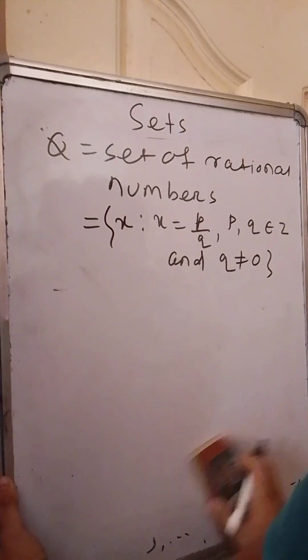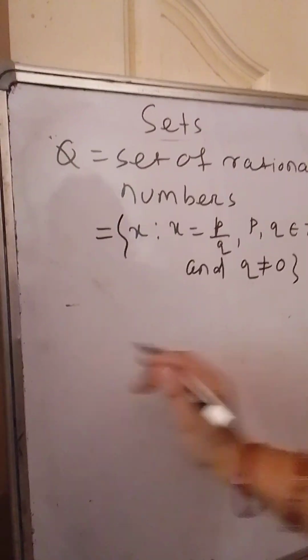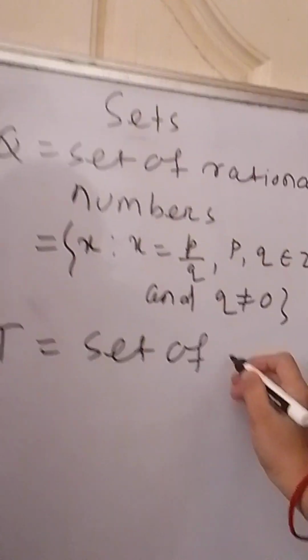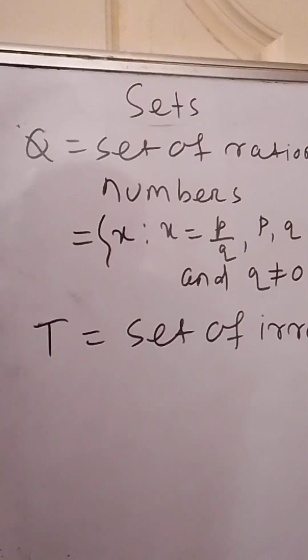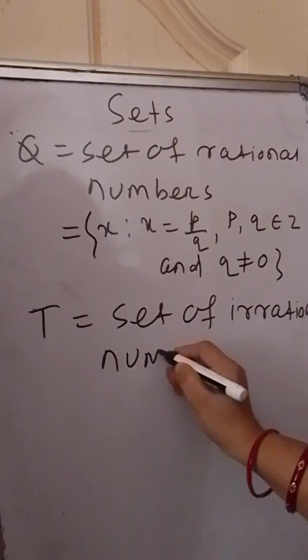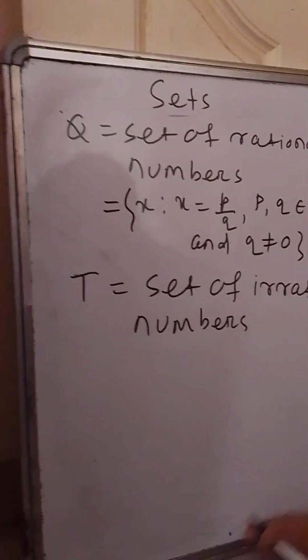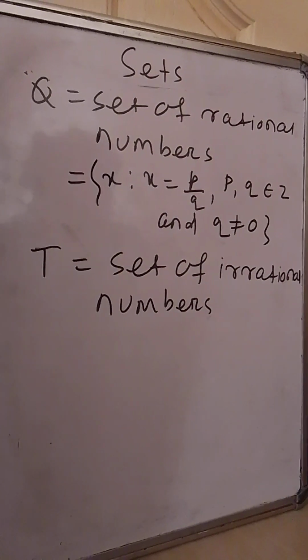After this, R is the set of real numbers, as you already know. Let us take T, which is the set of irrational numbers. The set of irrational numbers also we cannot write in roster form because between the elements there is no common pattern.